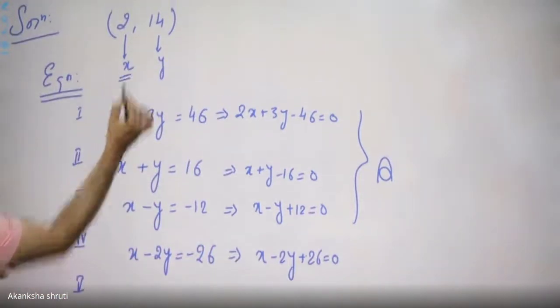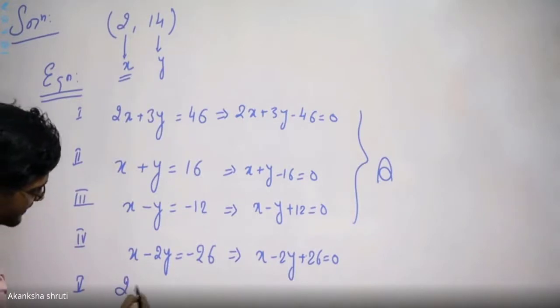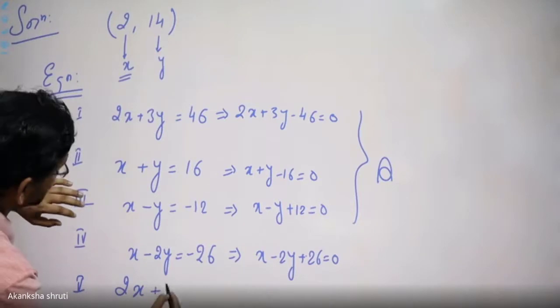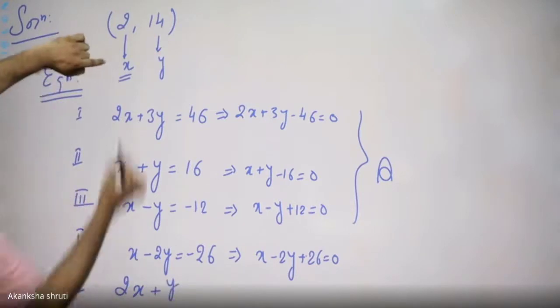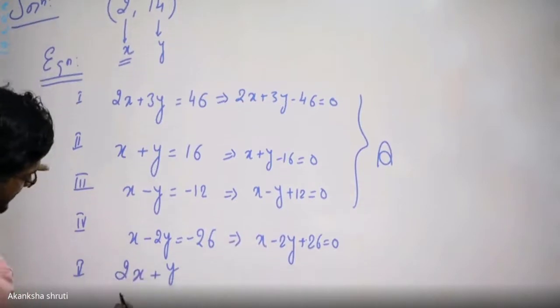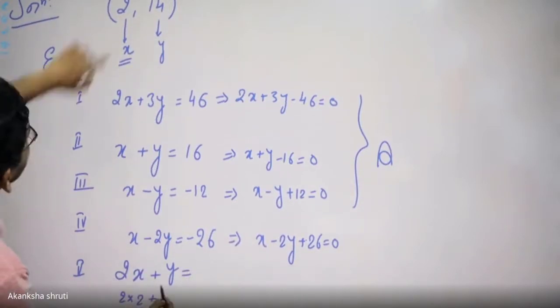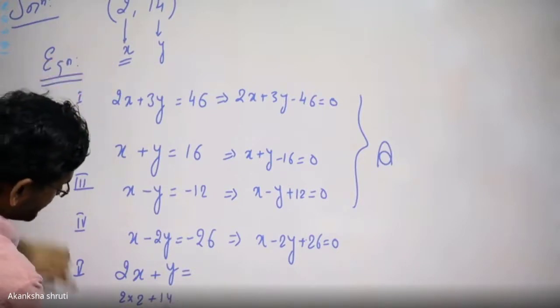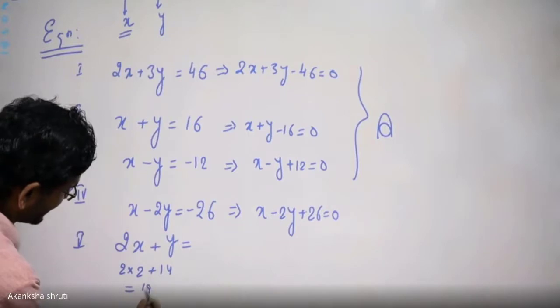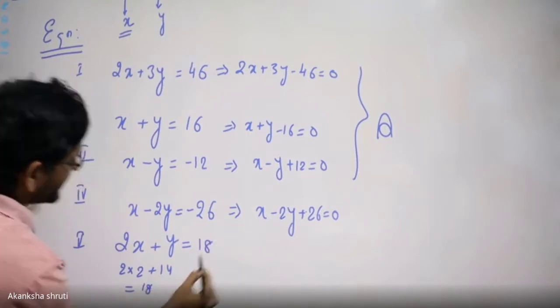Let us consider this x as the 2x and y as only y. Students, while taking this as 2x, for getting this right hand side, we shall take 2 into 2 plus y as 14. What is this value? 2 twos are 4 plus 14 is our 18. So here it should be 18.